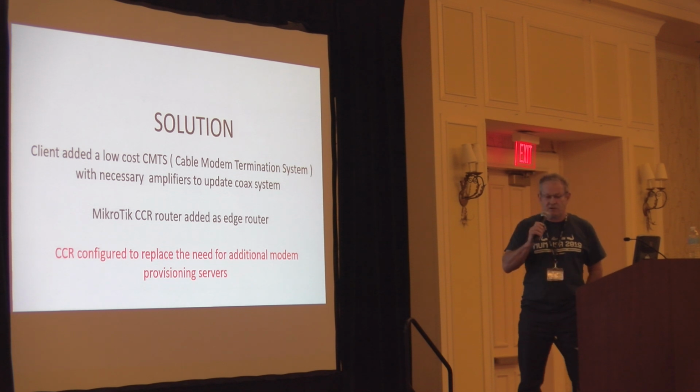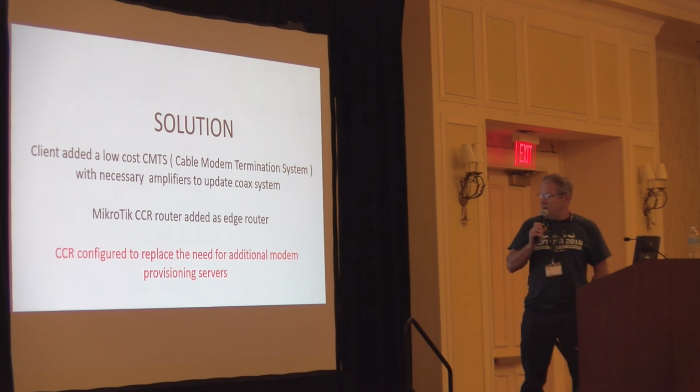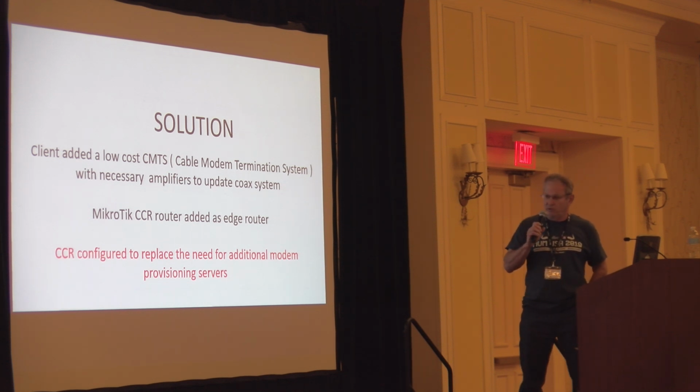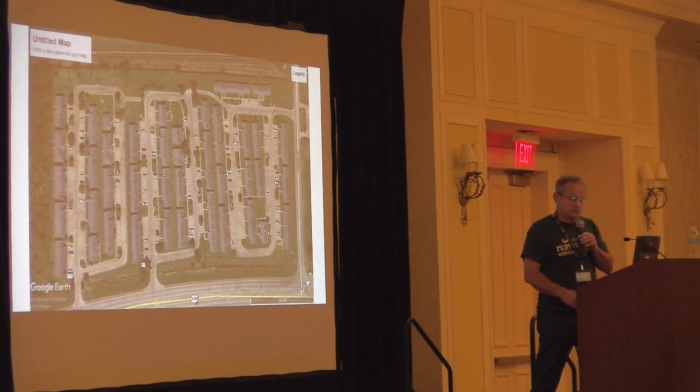I configured the CCR to replace the need for an additional server and additional provisioning software, because quite frankly, it just costs too much for this application. That software, not even counting the servers and stuff we would need, would be $5,000 or $6,000, what we found. So we decided to come up with a solution to this.